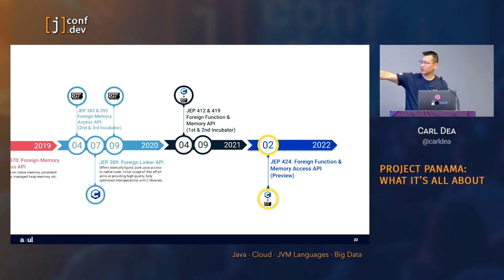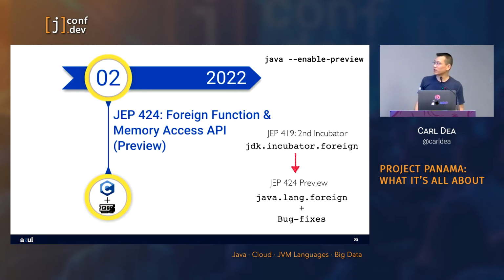Now with it in preview, it's in Java proper. I'll show you right there. That used to be the incubator module, and with the Java preview edition, it's now proper. It's java.lang.foreign, and you can import it and start using it.